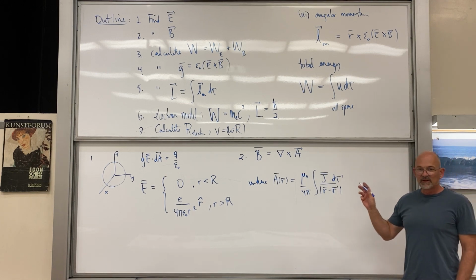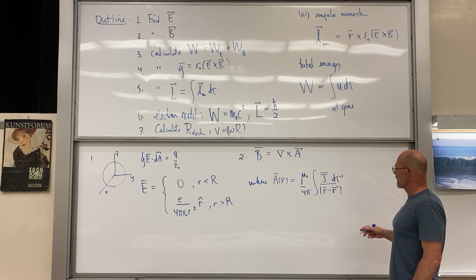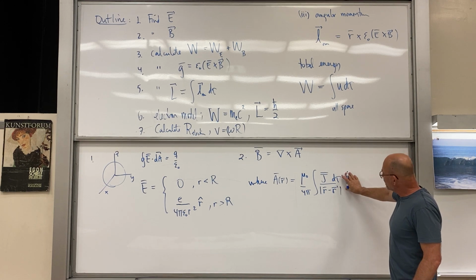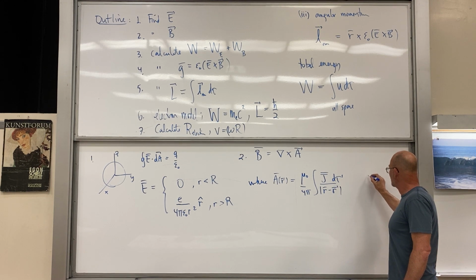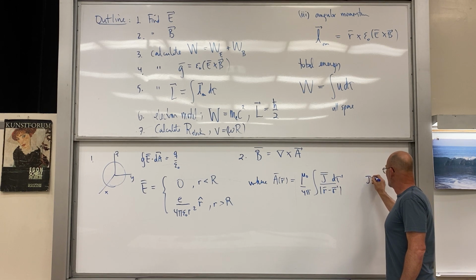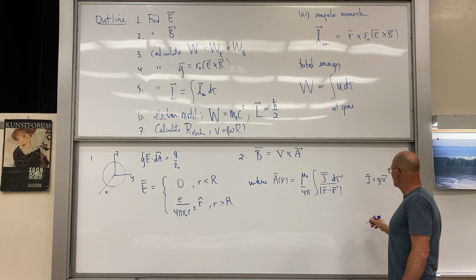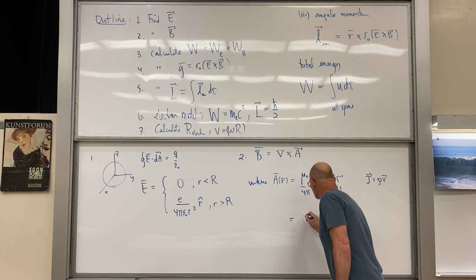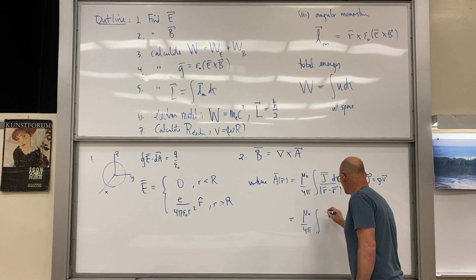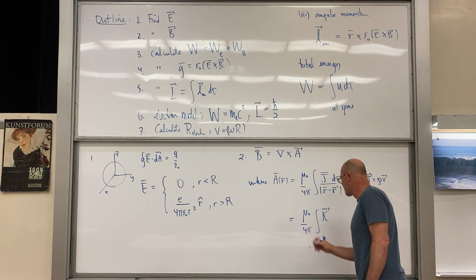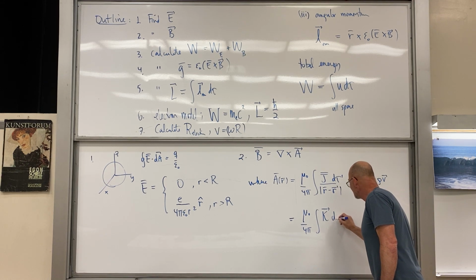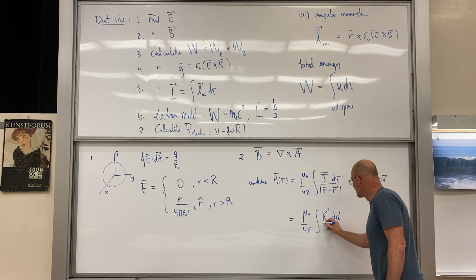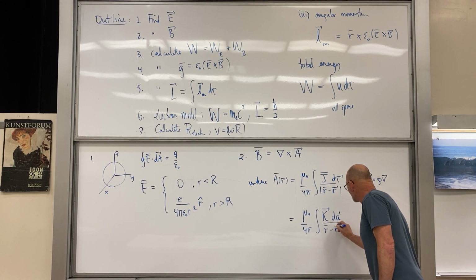And this is back in chapter 5. So we don't have a volume current, so instead of J equals rho times V, we're going to have a surface charge density. So this integral will be written mu naught over 4 pi, the integral of, they use this new letter K, d area prime over the magnitude of r minus r prime.